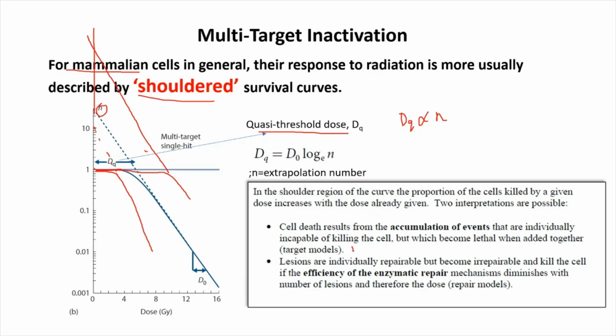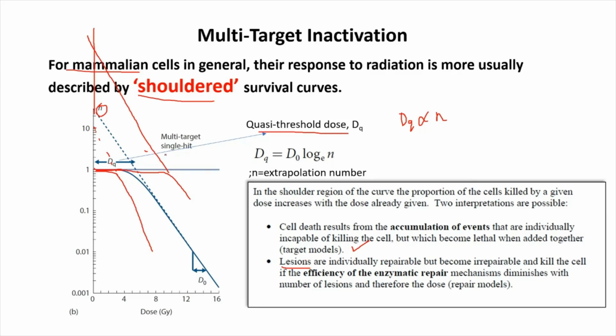And the second reason is that with increasing dose, the number of lesions keeps on increasing. When radiation dose is less, the lesions are being repaired, but when dose keeps on increasing, lesions also keep on increasing, and after some time the efficiency of the repair enzymes does not work that well to repair the lesions, and at that time the cell keeps on dying.